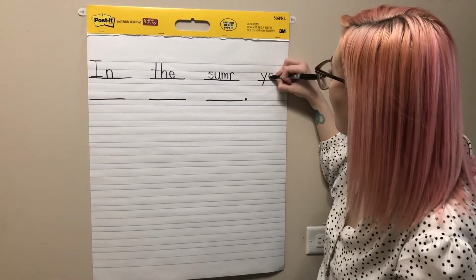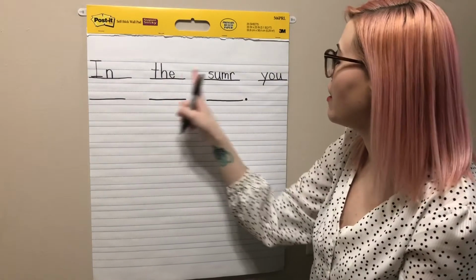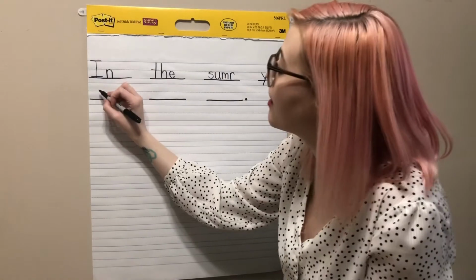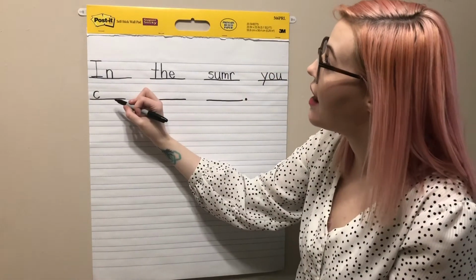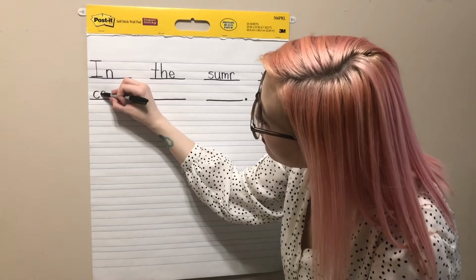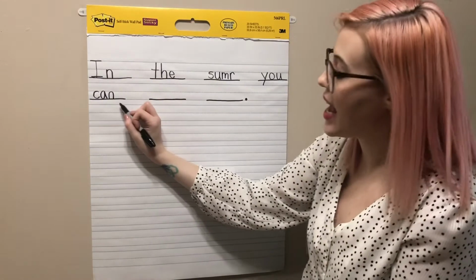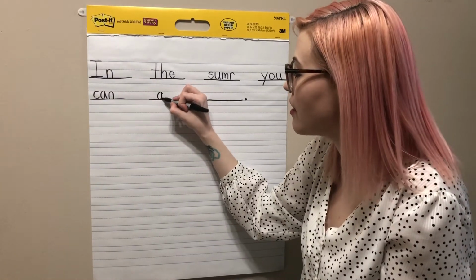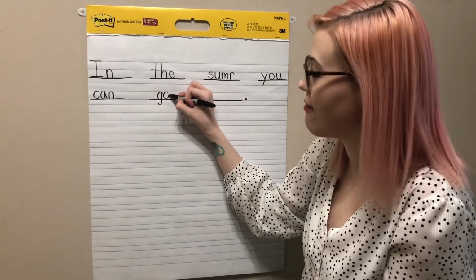Y, O, U. In the summer, you can, k, k. C says k, and a. A says a, n, can, go, g. G says g, o, o says o.